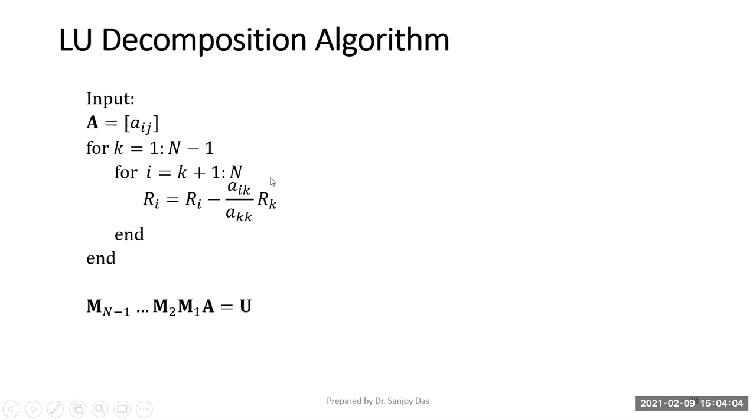But from this algorithm, we have initially a matrix A. At the end, after all these operations, this matrix A becomes an upper triangular matrix. But we don't know what Mn minus 1 until M1 are, right? All we did was carry out a sequence of row operations.